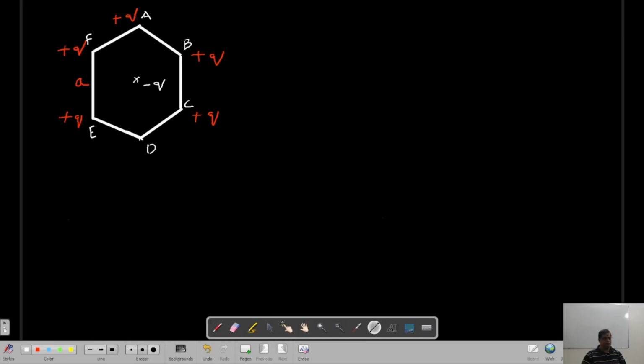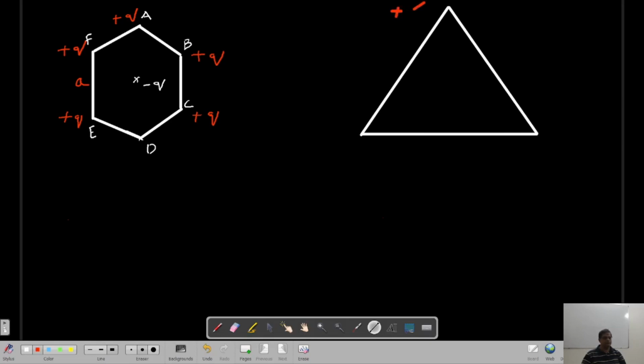Let us draw it here. 3 charges, each of plus q, are placed at the 3 corners of an equilateral triangle ABC.